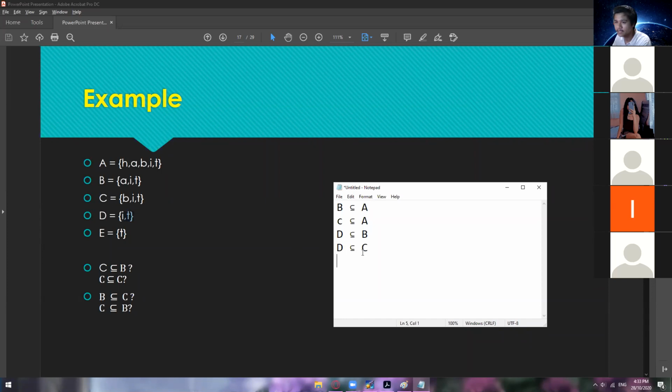Lastly, E is a subset of D, because letter T can be found in set D. E is also a subset of C, because T can be found in set C. E is also a subset of set B, because T can also be found in set B. And E is a subset of A because T is also in set A. As simple as that.